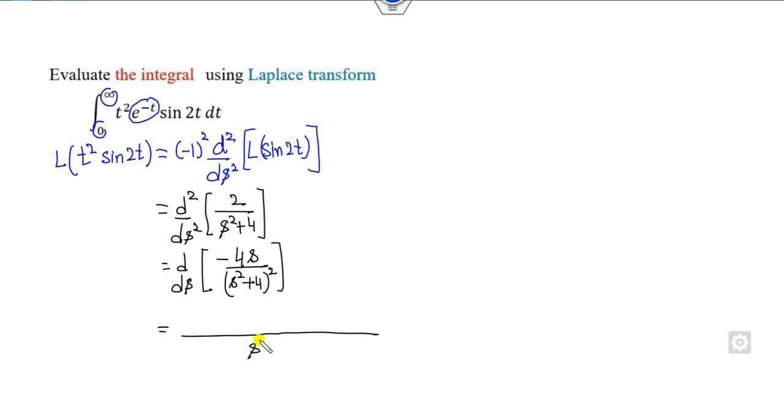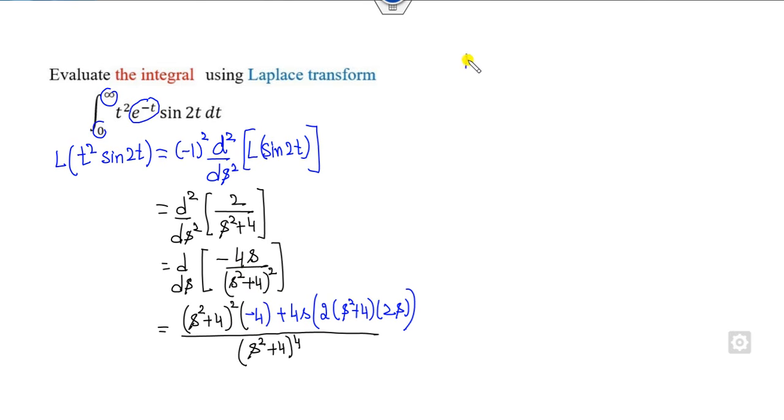It is (s square plus 4) whole square in the denominator. The derivative of the numerator is minus 4, then minus minus plus 4s times the derivative of the denominator, (s square plus 4) times 2s. Fine. There is no need to simplify it.